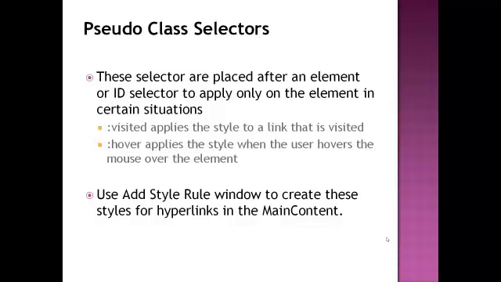Or if you want to change the color and the properties of the text when the user is moving their mouse over that element, you could use the hover pseudo-class selector. We can either type in the code for entering the pseudo-class selectors, or we could use the Add Style Rule window to create this kind of styles for the hyperlinks, and I will show you how to do that.